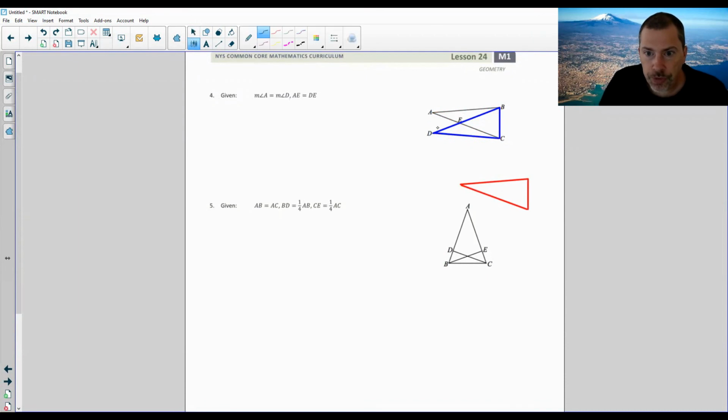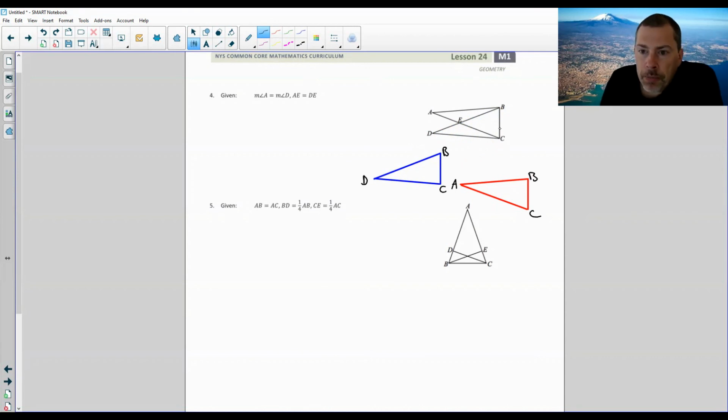This A was right here, this B was right here, and the C was down here. So that's triangle ABC. And then if I move this blue one over here, the blue one was D, C, B.